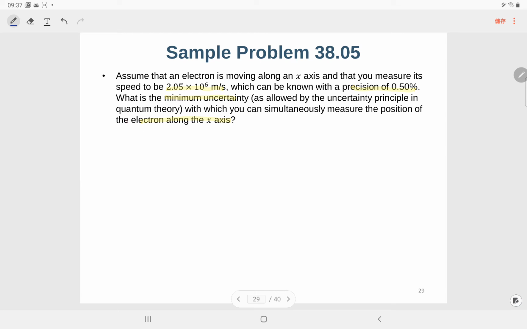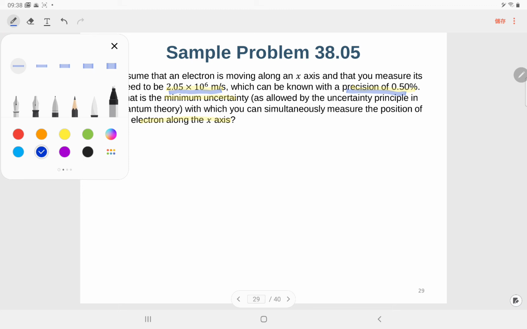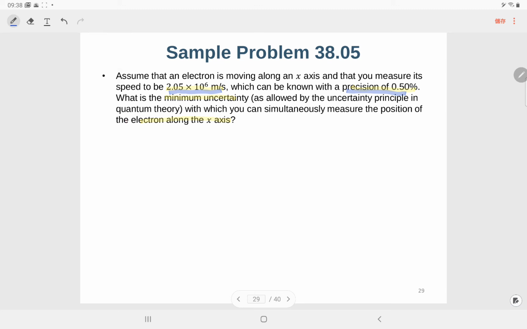So here we have the speed and the precision, which means that px is mvx.